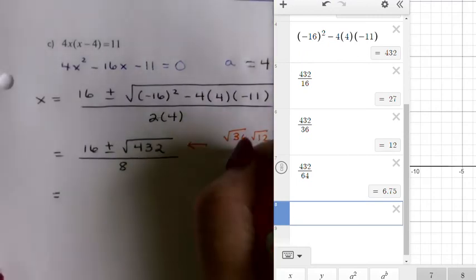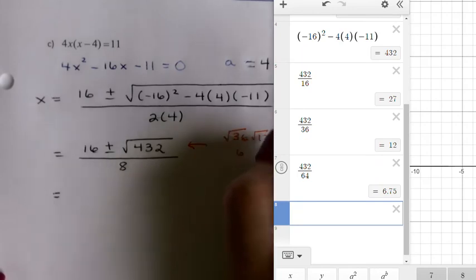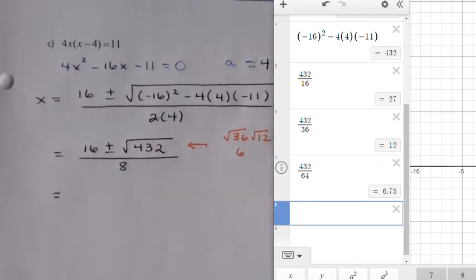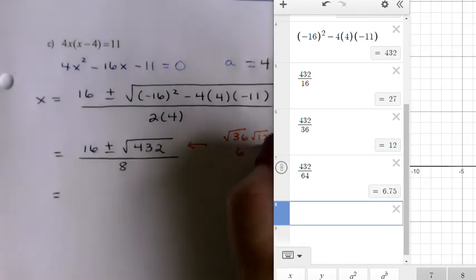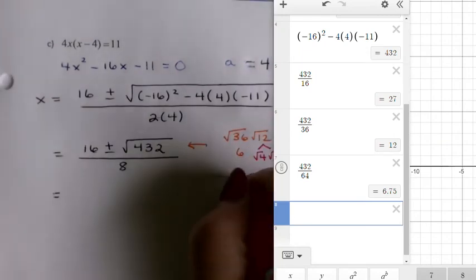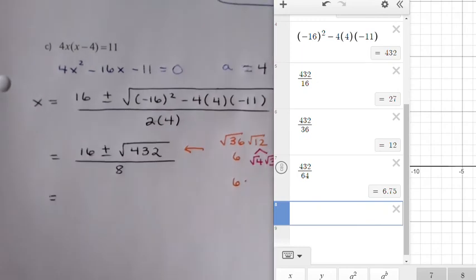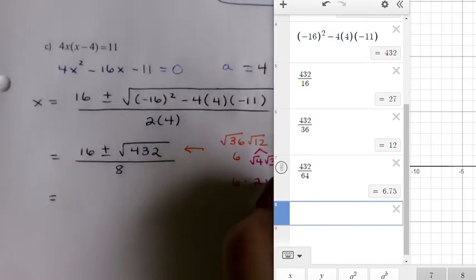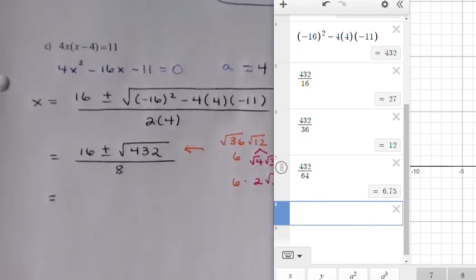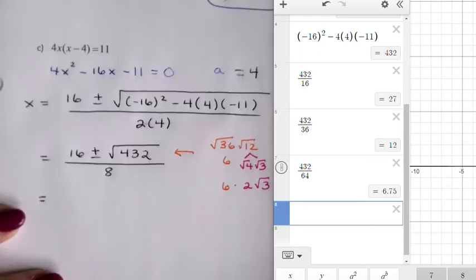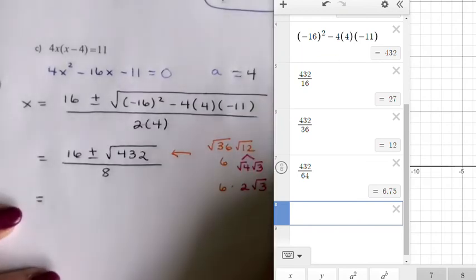The square root of 36 is 6, and then the square root of 12, I can break that down some more, right? I could write this as the square root of 4 times the square root of 3. So what I actually have is 6 times 2 square root 3, or in other words, 12 square root 3 there.